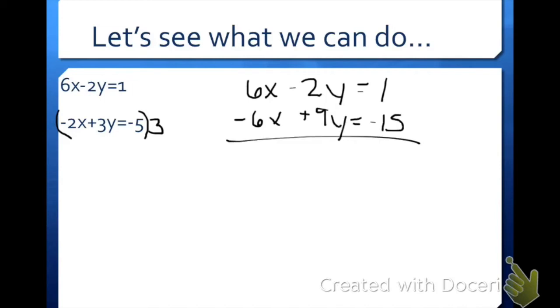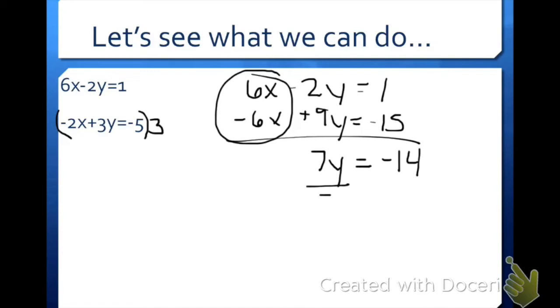I'm going to add these because I would add 6x and negative 6x to make 0. So negative 2y plus 9y will give me 7y equals negative 14. Divide by 7, we get y equals negative 2.